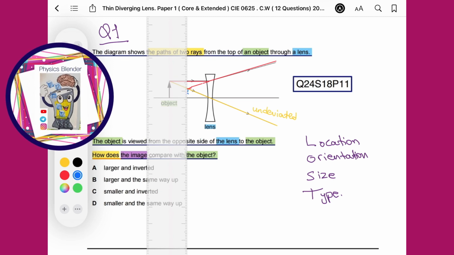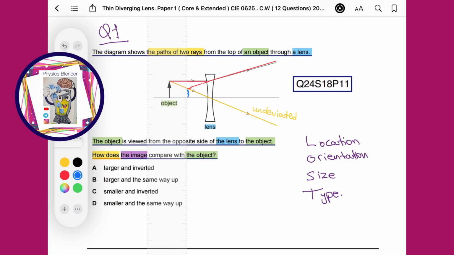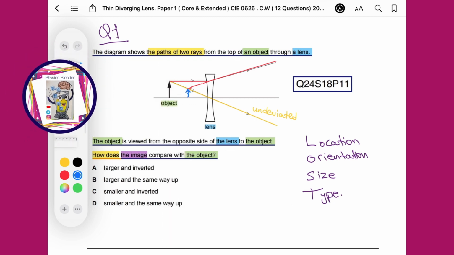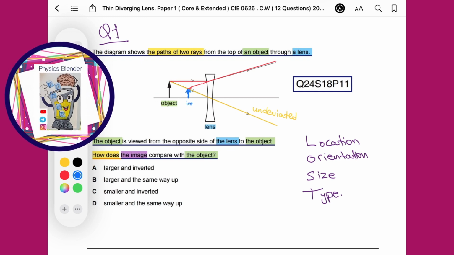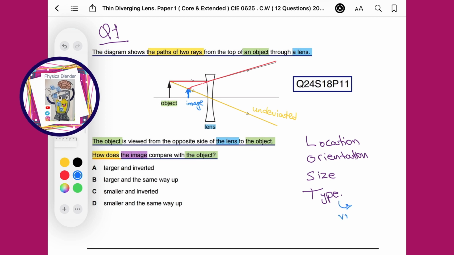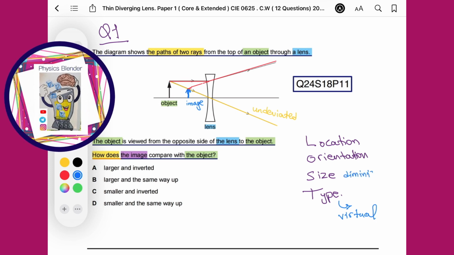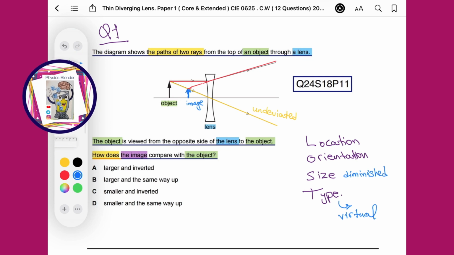Since we have extension, so this is the image. Since we have extension, it's virtual, and it's clear that it's diminished. It's upright, not inverted. Its location is between the object and the lens.